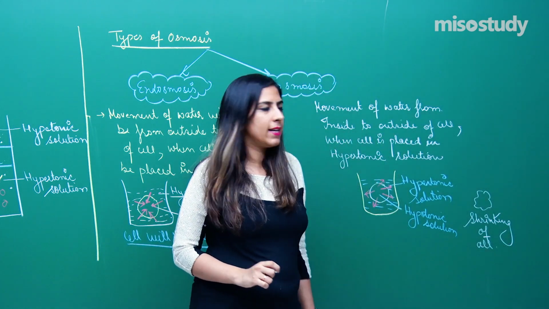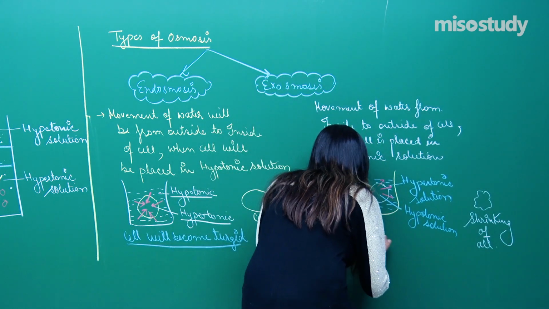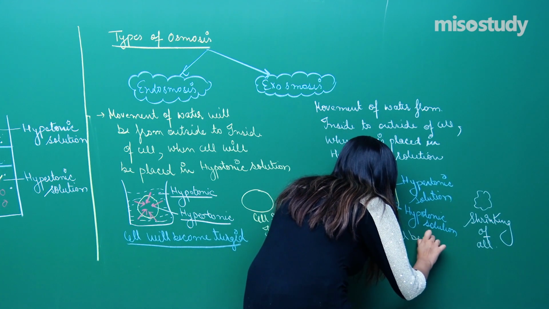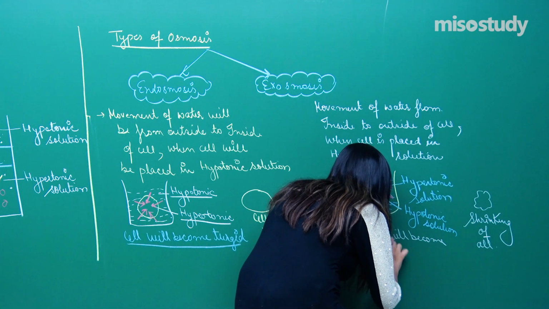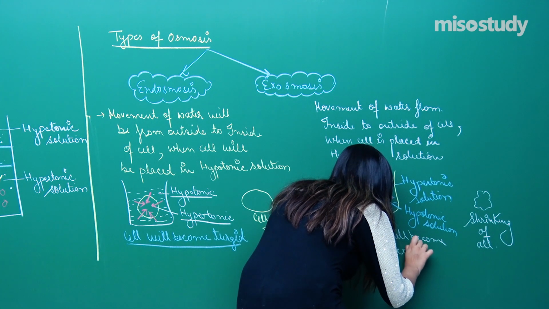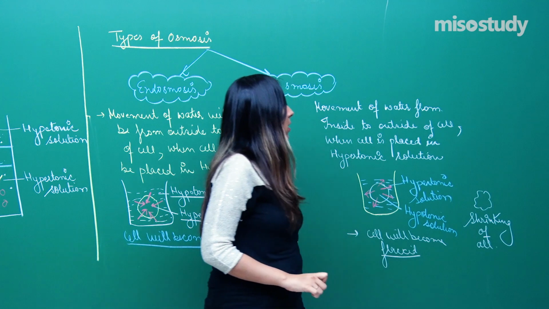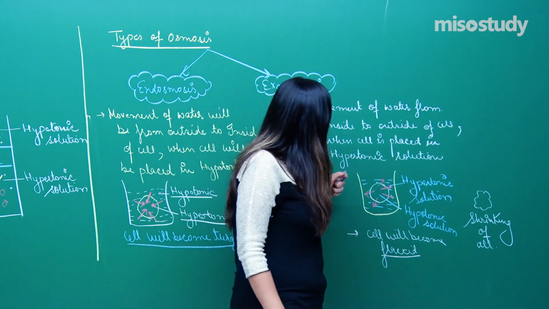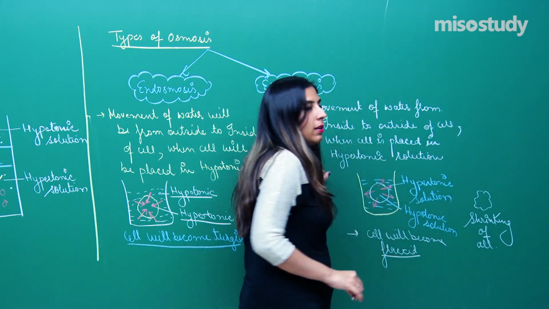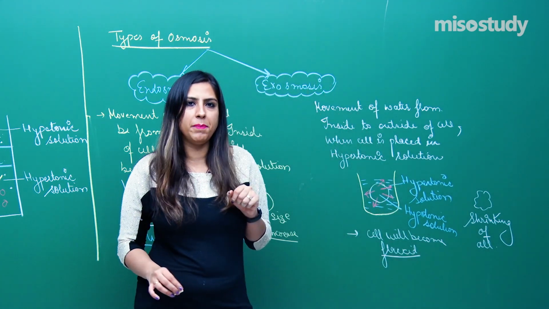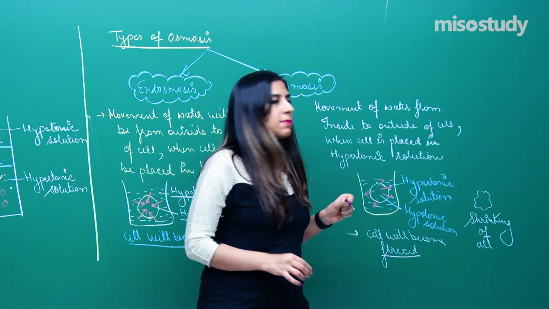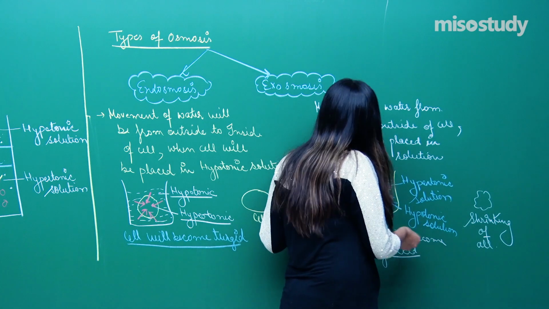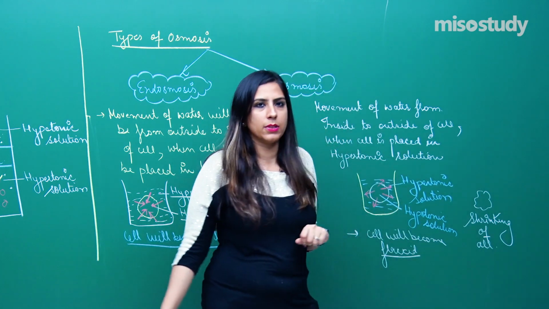And this shrinking of the cell is also called flaccid. The cell will become flaccid. That is also called flaccidity. Water has moved outside, and we know that all the cell membranes are semi-permeable membranes, or selectively permeable. So, this is how we can explain exoosmosis, right?